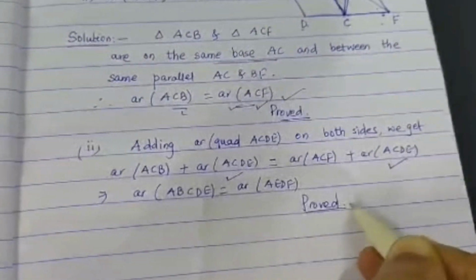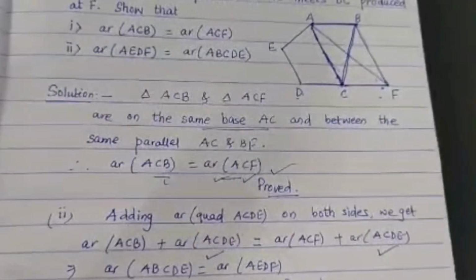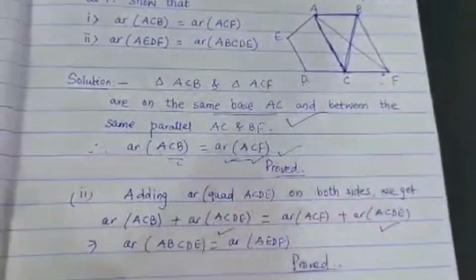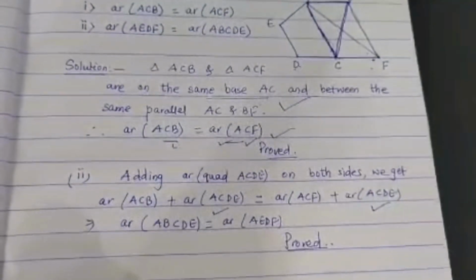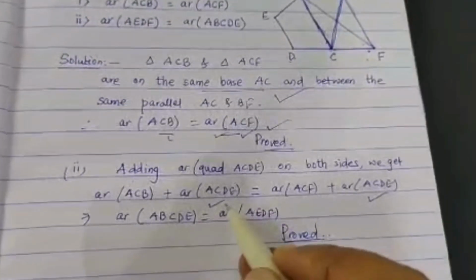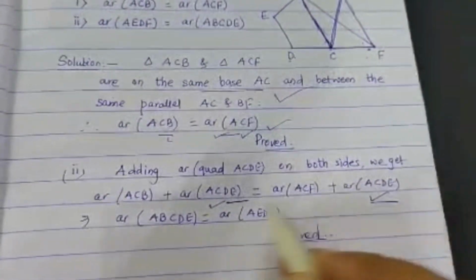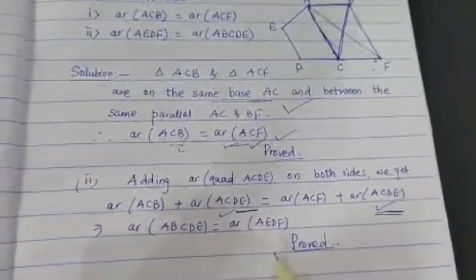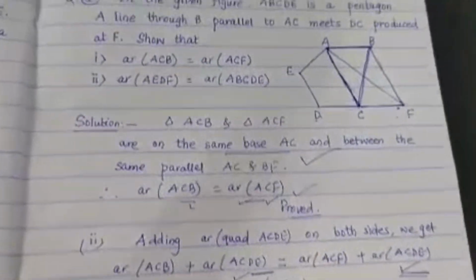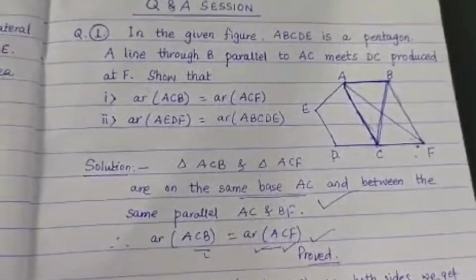So it is proved. It was a simple question based on this theorem: triangles on the same base and between the same parallels will have equal area, and then we simply added this equal area ACDE on both sides, and it's proved. Alright, let's move on to the second question.